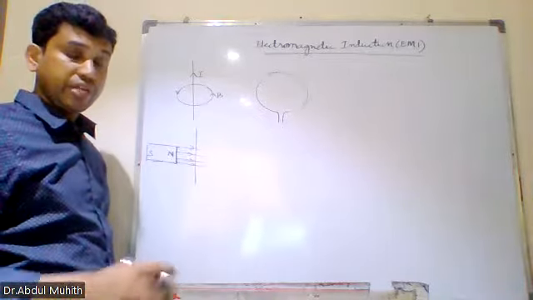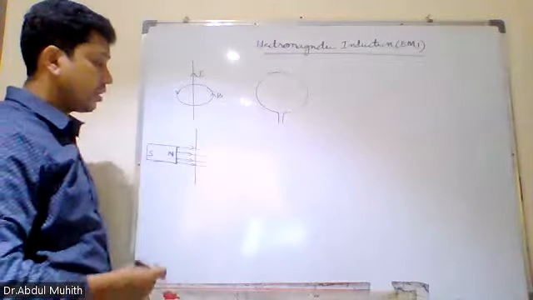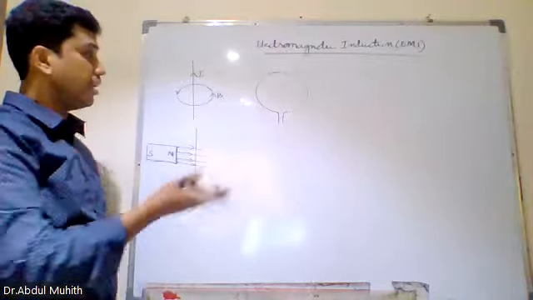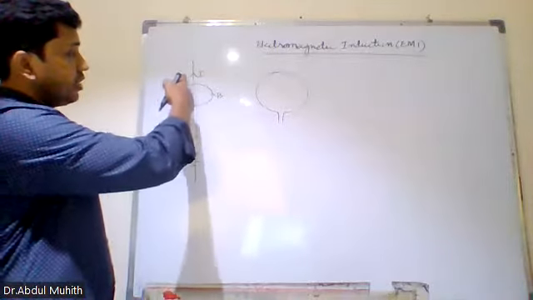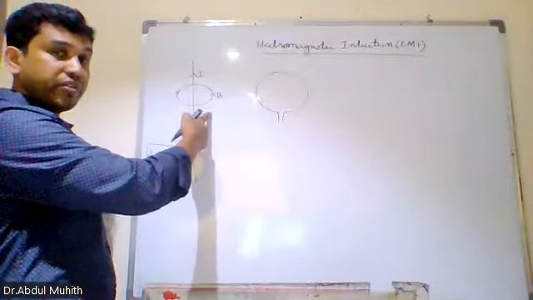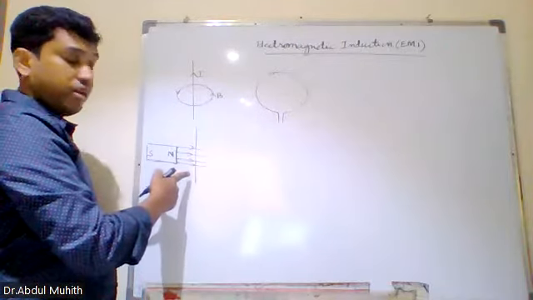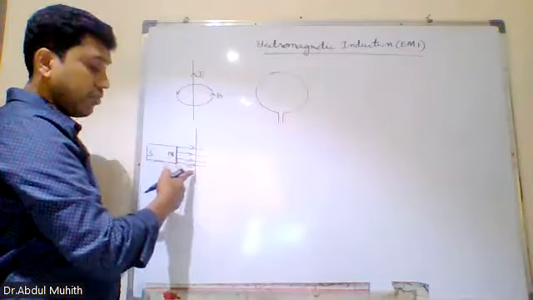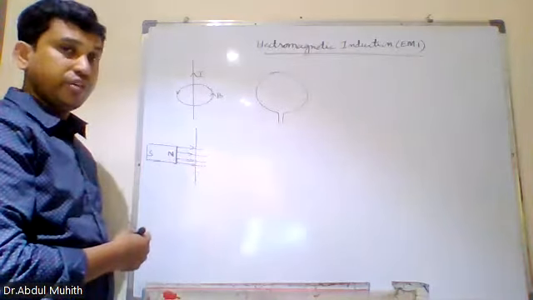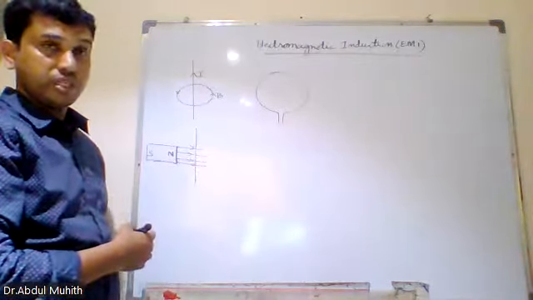Can we produce current in the conductor with the help of a magnetic field? In the reciprocal way: when there is a current in the conductor, around it there is a magnetic field; now when we are giving a magnetic field, can we induce current in the conductor? His experiment was on that.